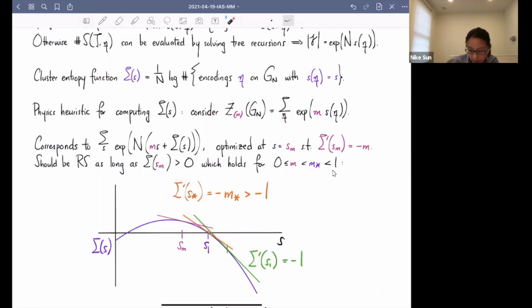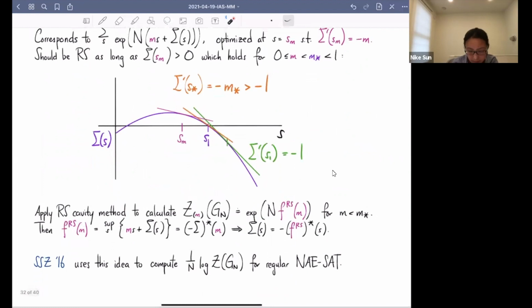If you take m equals 1, this is just the total number of solutions, and in that case it does not work: it's not replica symmetric. But if you take m to be smaller, then you're somewhere here, for example, and here you do have a large number of clusters of the correct size. Then it's reasonable to expect that the measure is replica symmetric.